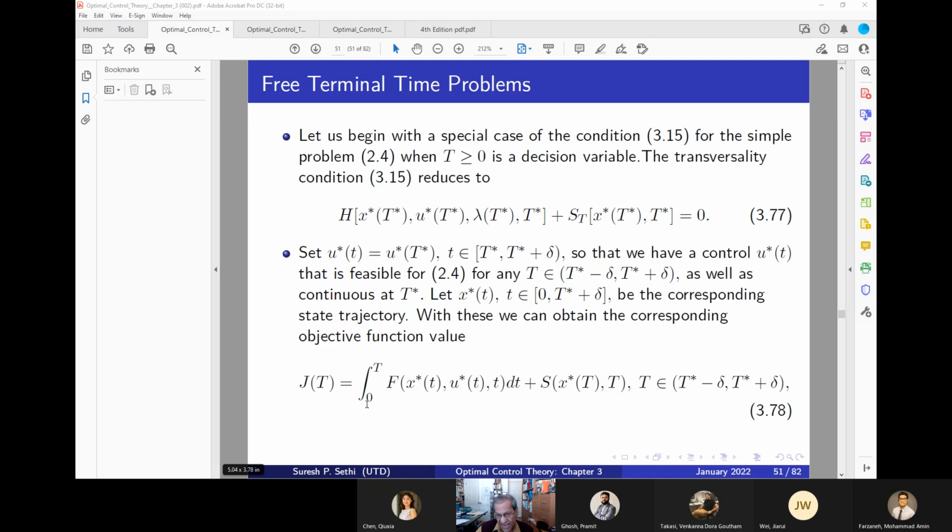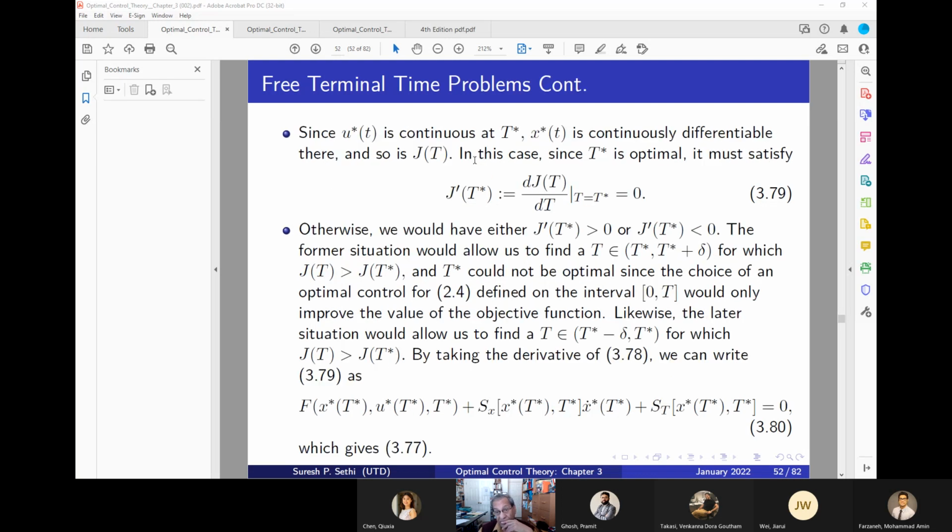So J of t is now defined as the integral from 0 to t of that control, where I just fudged in this interval. If I choose the t between this and this, and I set this control from T star to T star plus delta, I get J of t. I can define it this way. So that's step one.